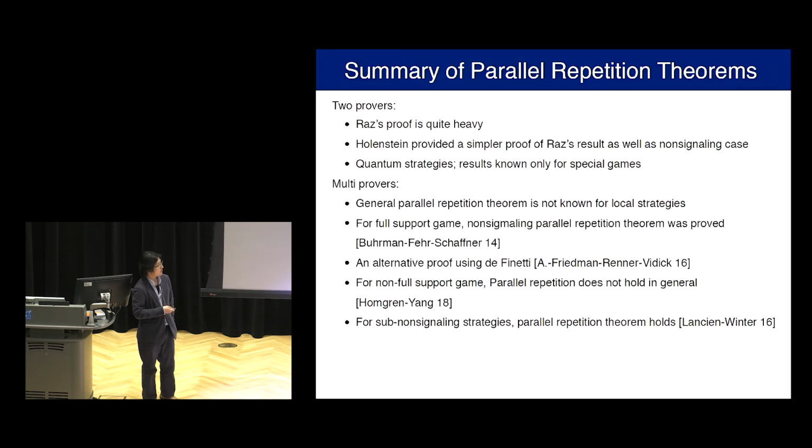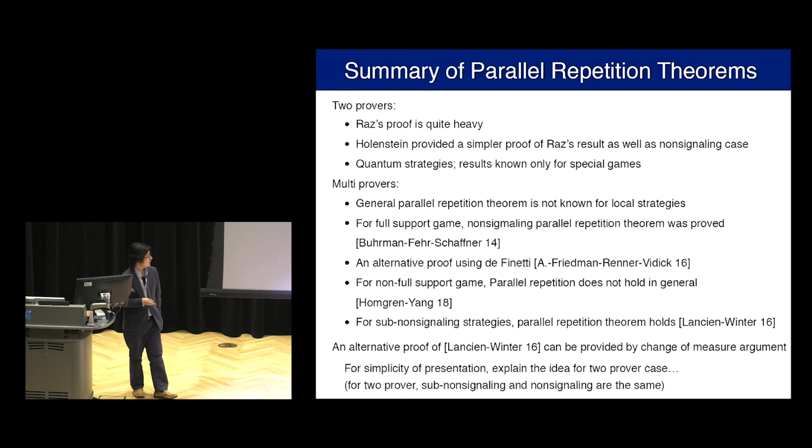However, Rancic-Winter provided a kind of alternative version of parallel repetition theorem by introducing sub-non-signaling strategies. By using our recipe for proving strong converse, we can provide an alternative proof for Rancic-Winter's result. So in the rest of the talk, I would like to present a basic idea of this proof.